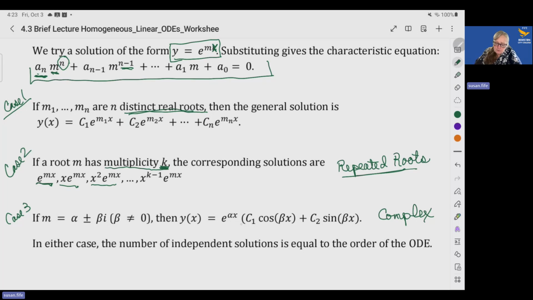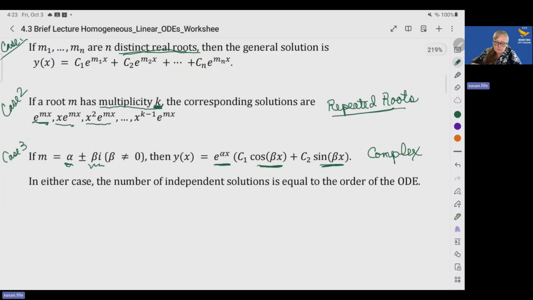And our solutions are going to look like that: e to the alpha x comes from the real part of the complex number. And then from the imaginary part of the complex number, the beta i, we're going to get sines and cosines. We'll get cosine beta x and sine beta x.